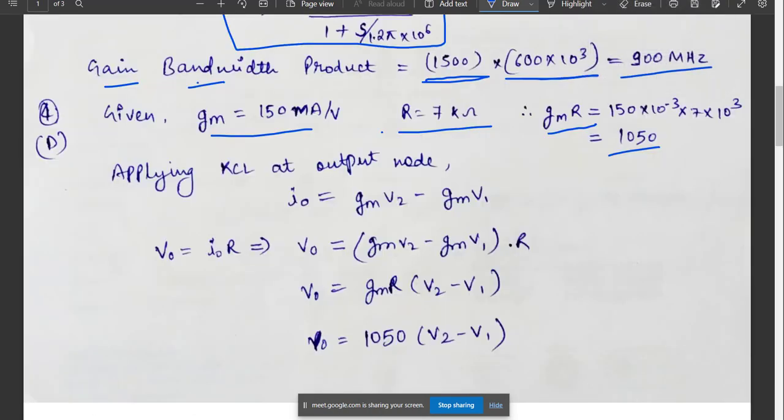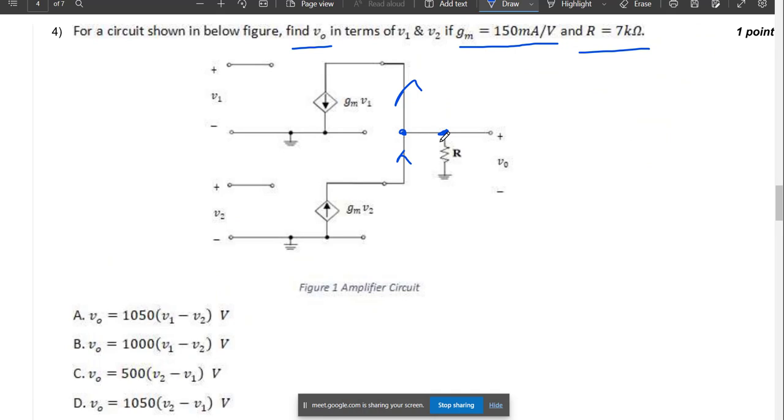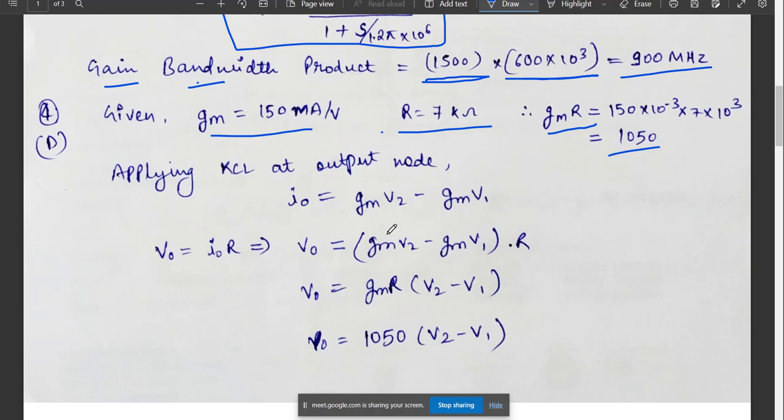The current I0 can be said to be GMV2 minus GMV1. Is that clear?